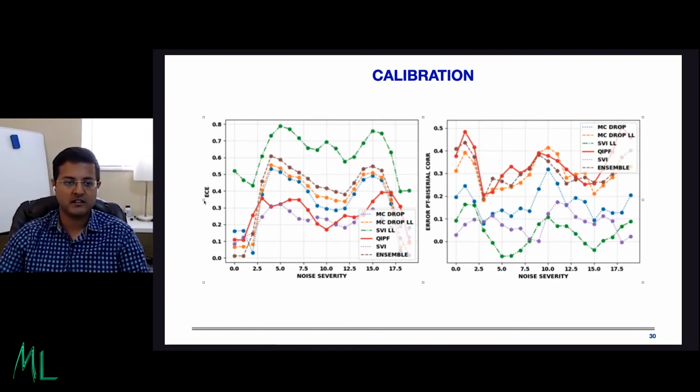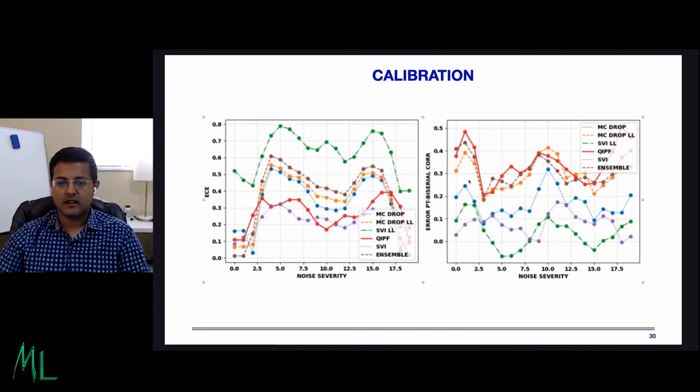One is the expected calibration error, and the other is error point biserial correlation. For the expected calibration error, the lower the value, the better, and you can see that the QIPF is much more calibrated than most of the other methods, except maybe the ensemble method a little bit, but it still outperforms the ensemble in many cases.